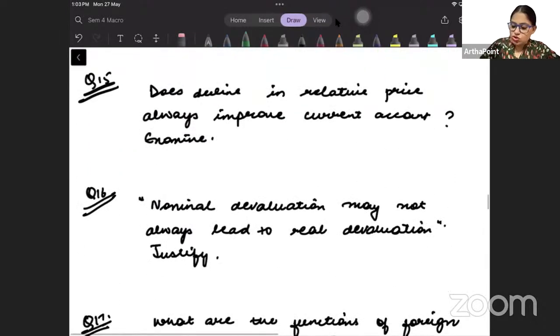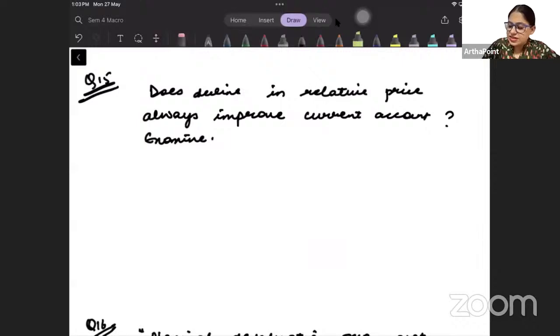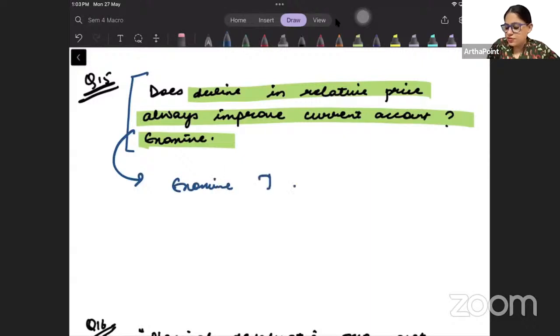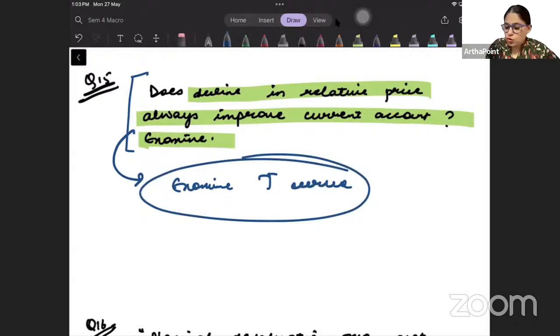Okay, come to the next question, beta. What is it saying? Does a decline in relative price always improve the current account balance? Examine. I have changed the language a little and given it to you. Actually, it is asking you to examine the J curve. So in this case, you will write the answer entirely on the J curve.